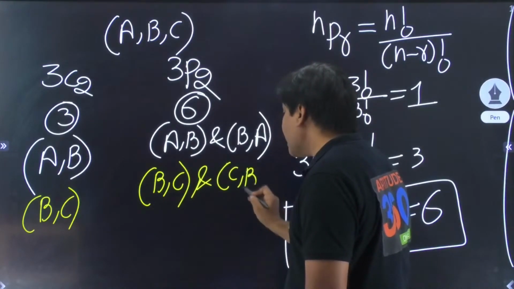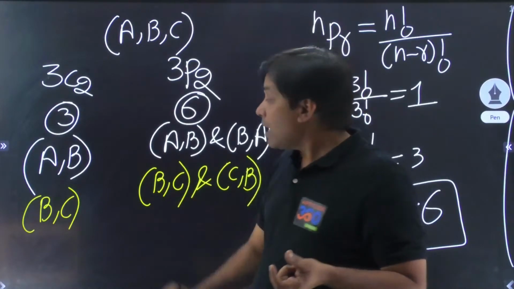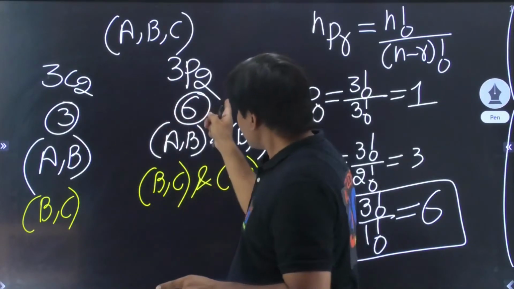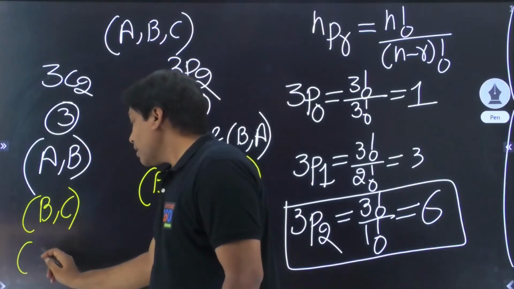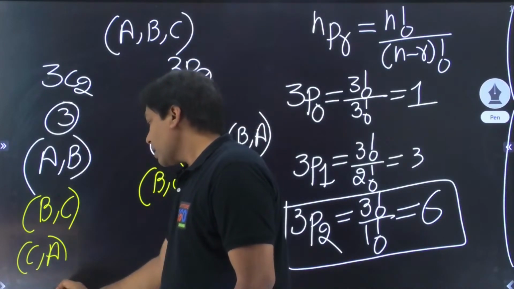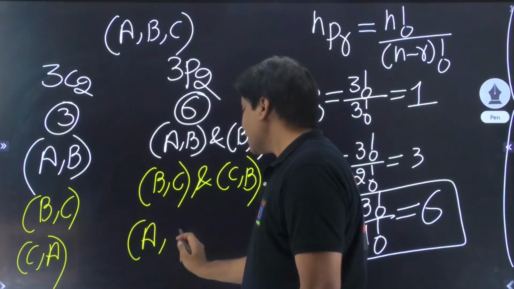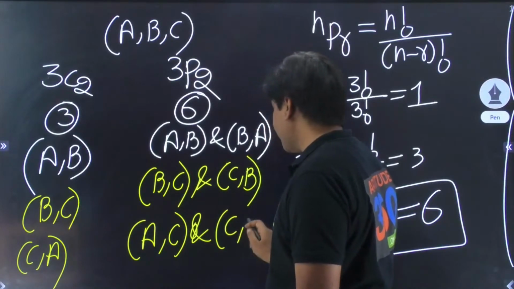These 2 are different cases. पहले B आएगा या पहले C आएगा, selection के लिए वो भले ही important ना हो, लेकिन this is going to be very important for the case of arrangement, right? And the third, maybe I select CA. So out here, this can be AC and this is CA.